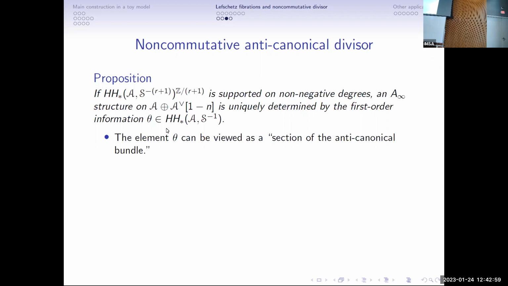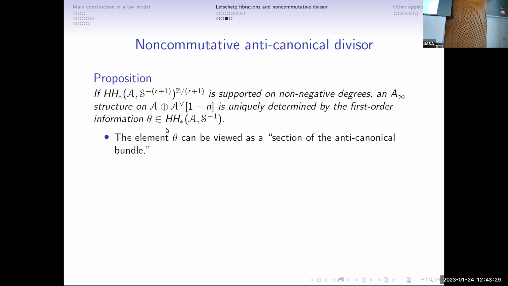And because we know that in algebraic geometry, the Serre functor on the derived category is represented by the tensor product with a canonical bundle with bigger shifting, the inverse Serre functor is represented by the tensor product with the canonical line bundle. And such an element theta in the twisted Hochschild homology, because of this kind of motivation from algebraic geometry, this theta can be viewed as a section of the anticanonical line bundle.